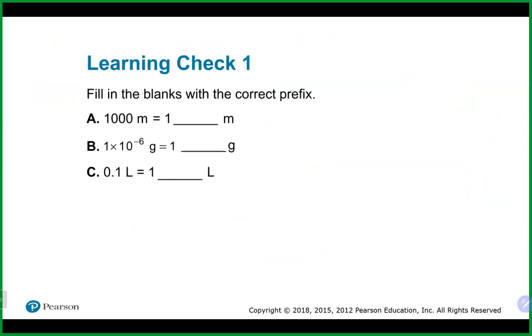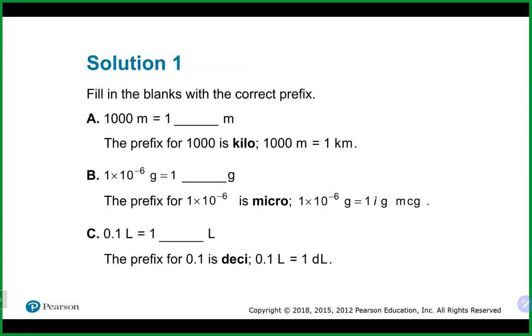All right. So here, if we look at some of these, 1,000 meters is a kilometer, right? And that's what we just looked at. 1,000 is the kilo prefix. We have 1 times 10 to the minus 6. That is micro.